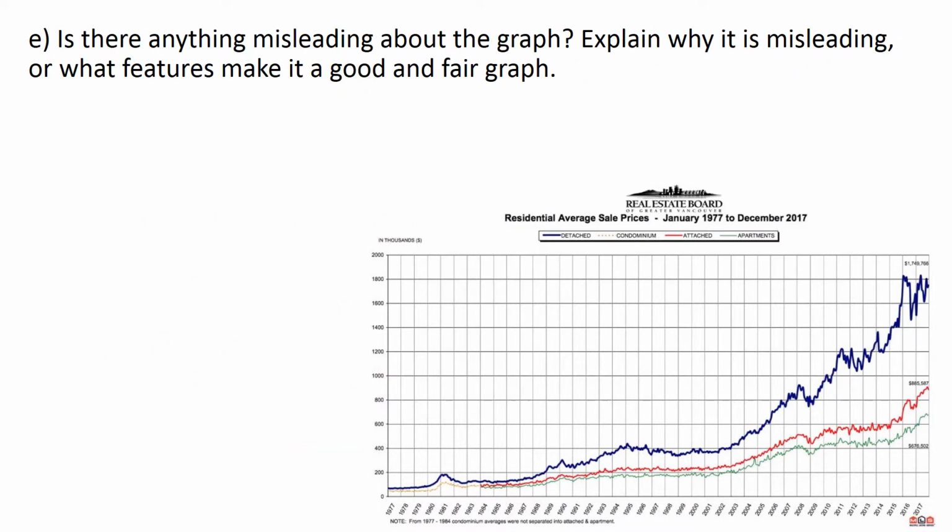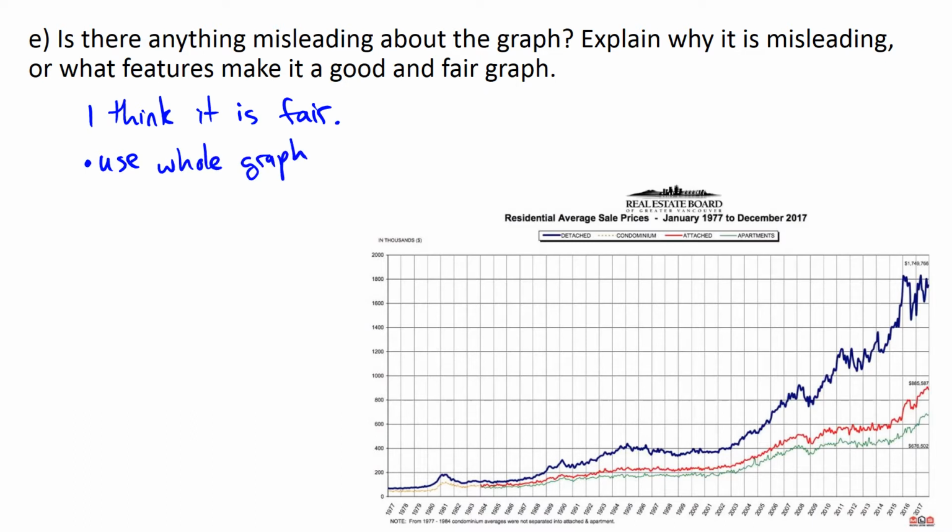Finally, is there anything misleading about the graph? Explain why or what features make it a good and fair graph. And I think after spending some time with this graph, it's a totally fair graph. Now why do I think it's fair? Well, to start, it uses the whole graph.